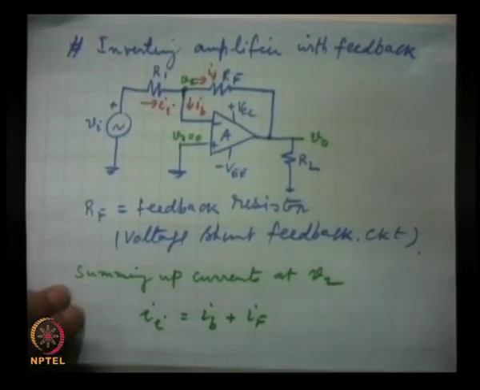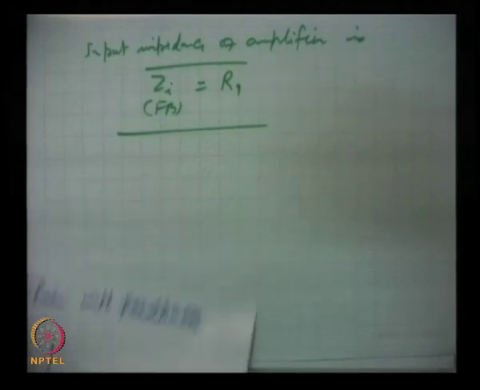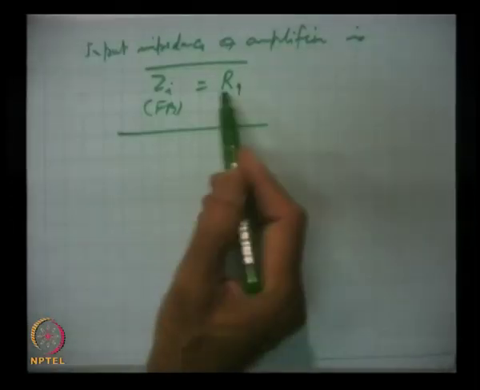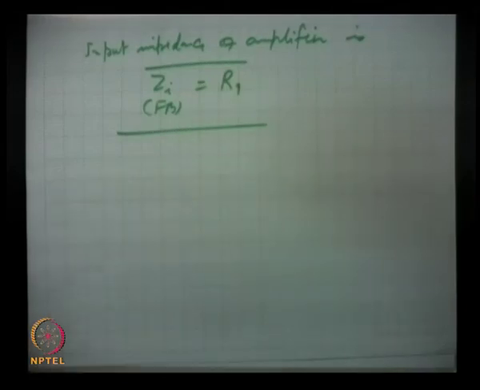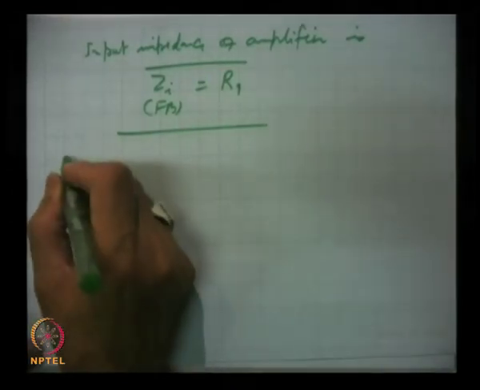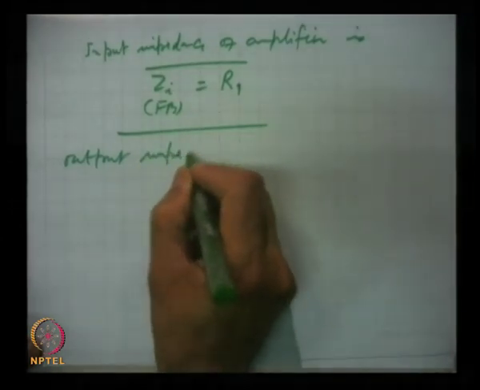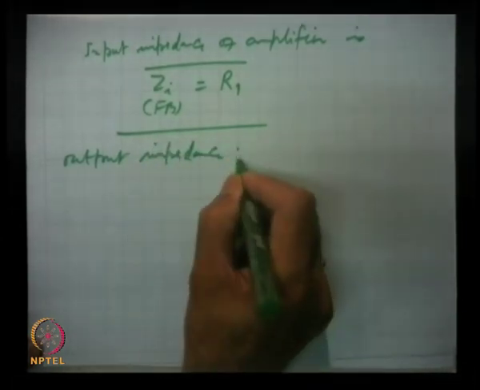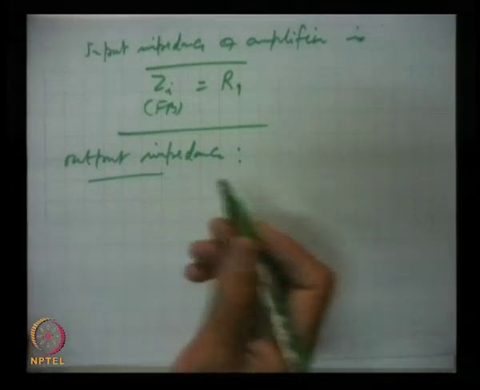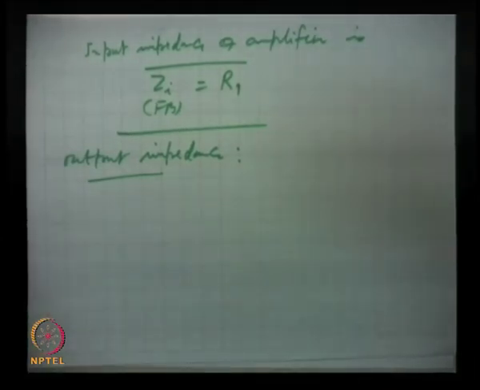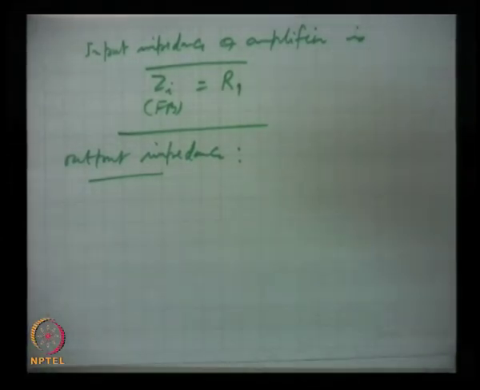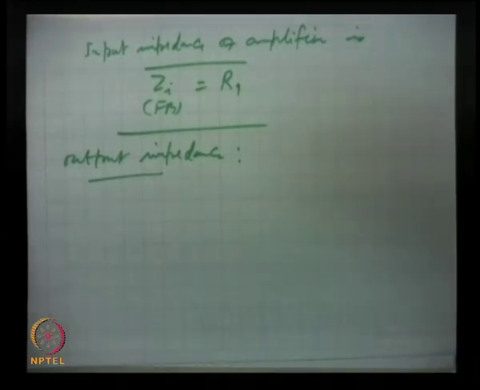So, from a more rigorous analysis as well as this simple analysis, we have found that input impedance is R1. Now, the output impedance can also be derived from similar considerations, but we are using another concept.